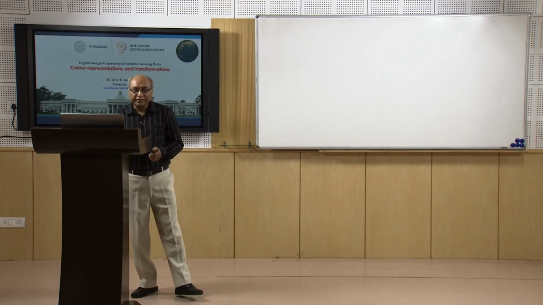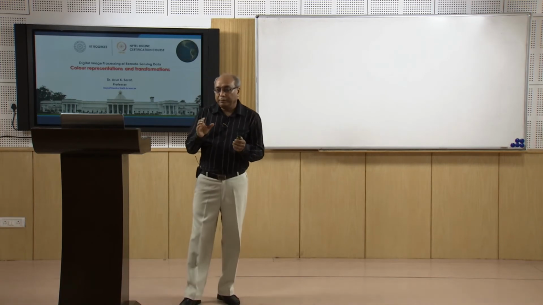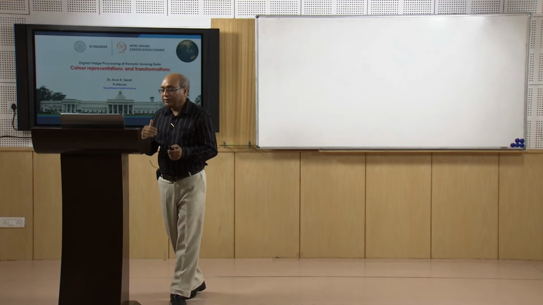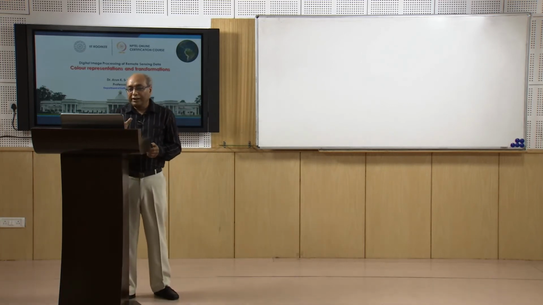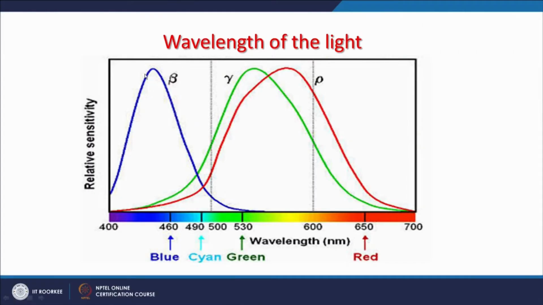Now, in the previous lecture I discussed in detail the visible part of the EM spectrum, and how different colors respond. In the lower wavelengths, which we call the blue spectrum, as we can see here, the blue will have the maximum reflection, whereas in the green part we will have some, but in the cyan part hardly any reflection.